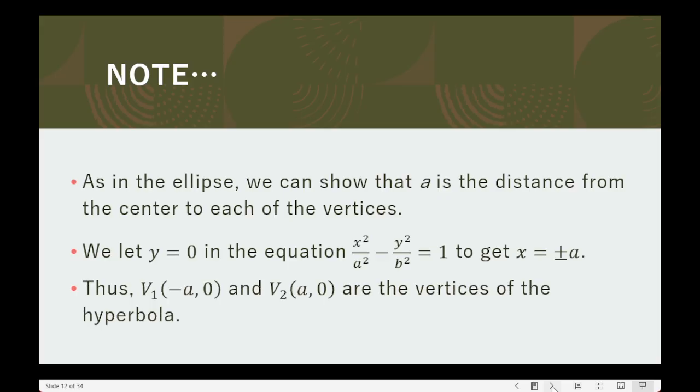Thus, B sub 1 with coordinates negative a, 0 and B sub 2 with coordinates a, 0 are the vertices of the hyperbola. So in this presentation, just like in the ellipse, small letter a denotes the distance from the center to the vertex. Okay?